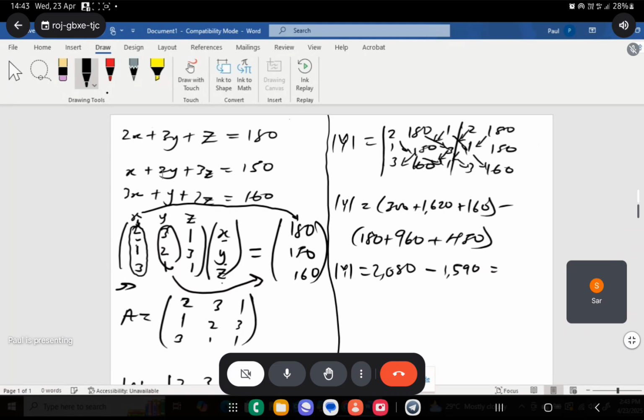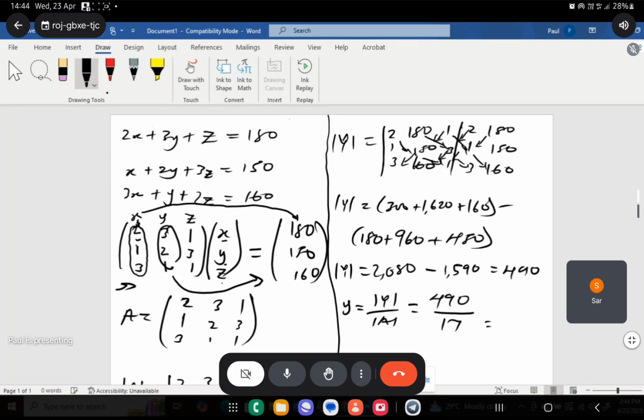So when we subtract, we get 2080 minus 1590. That's 490. Good. So to get the value for Y, it becomes the matrix Y divided by what? The main matrix. So we are getting 490. So the main matrix we got 17. So it becomes 490 divided by 17, which is 28 point something.